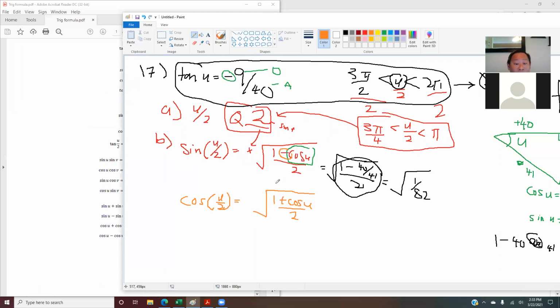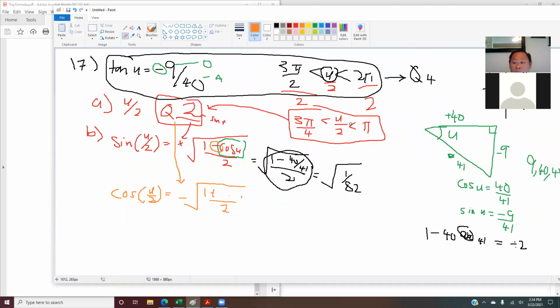But because of quadrant 2, which one should we take, the plus or the minus? Minus. Yep. And since we know cosine u by looking at the triangle, cosine u is 40 over 41, right?